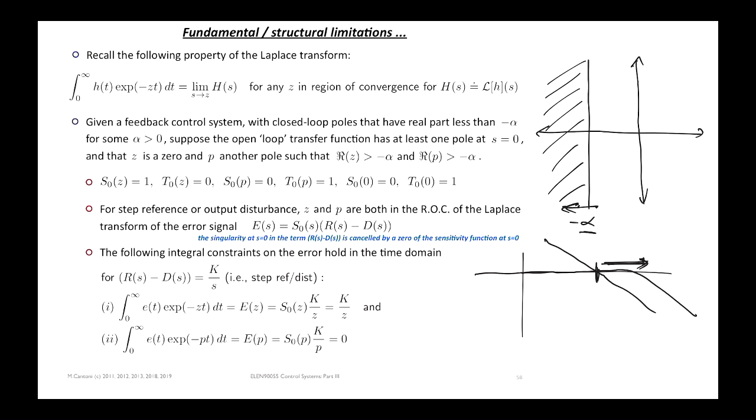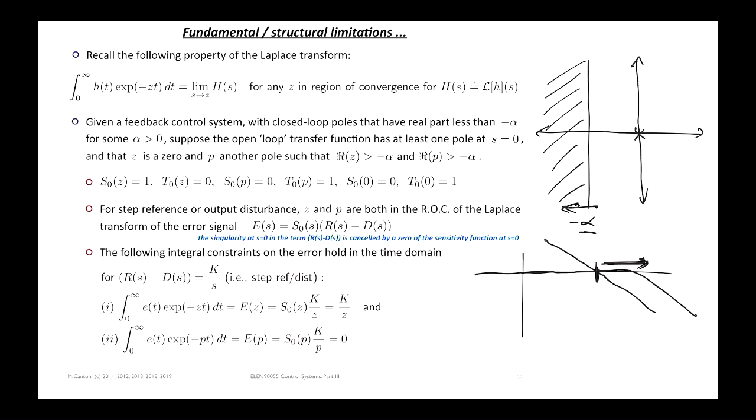In addition to that, let's suppose that we know that the open loop transfer function has a pole at s equals 0. And we're going to look at what happens when there's an open loop 0 at z and another pole at p. The reason for putting an open loop pole at s equals 0 is because that's a common thing to do so that you can get 0 steady state error for reference tracking or output disturbance rejection, as we just saw.